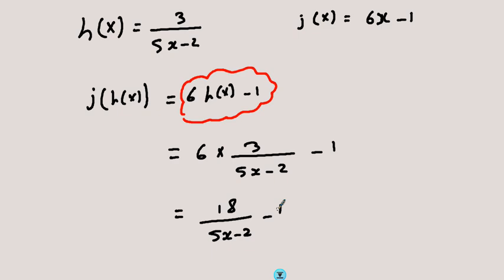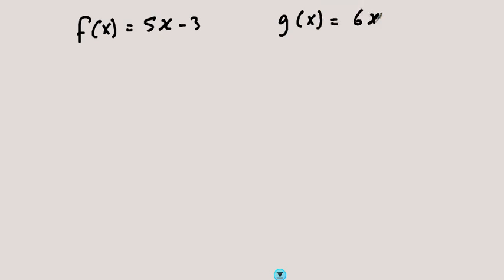Now that we've seen how we can create a composition of two functions, let's think of a slightly different problem, and I want you to think about that for tomorrow. Assuming that f of x is equal to 5x minus 3 and that g of x is equal to 6x plus 4.